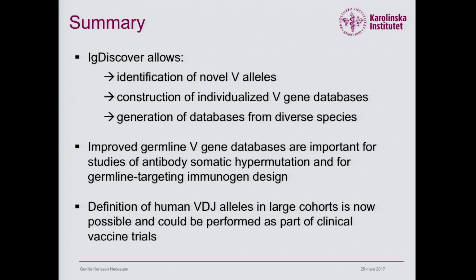So to summarize, the approach that was developed in our lab, ID-Discover, does three main things. One is to identify entirely novel alleles, and the other is to quite rapidly now construct individualized V-gene databases, and to also make databases from diverse species where very little information was available before.